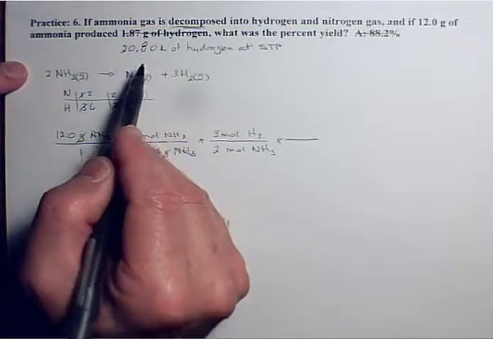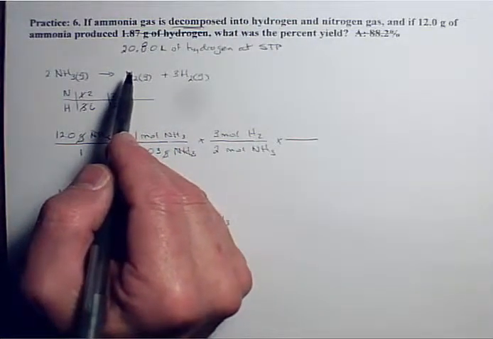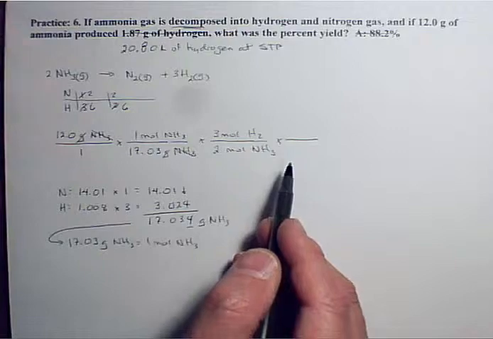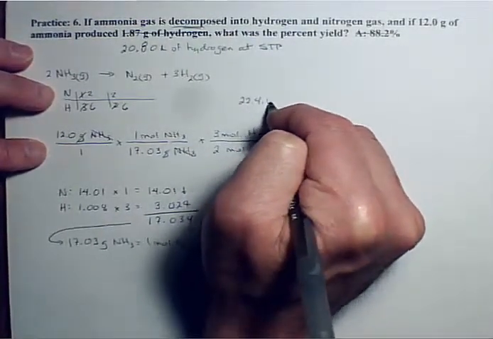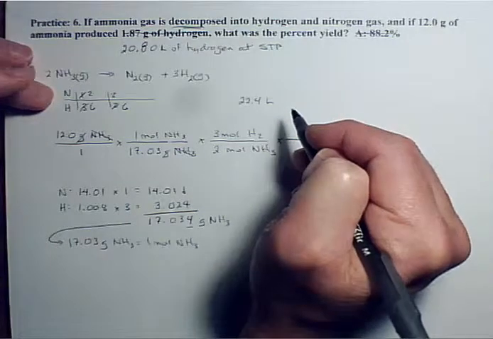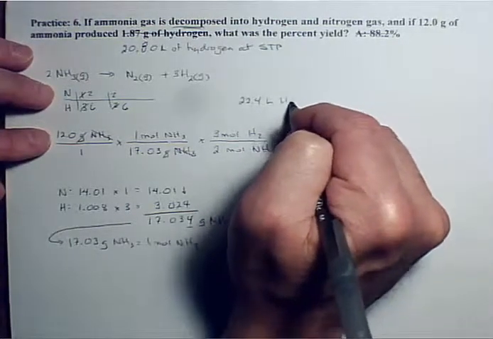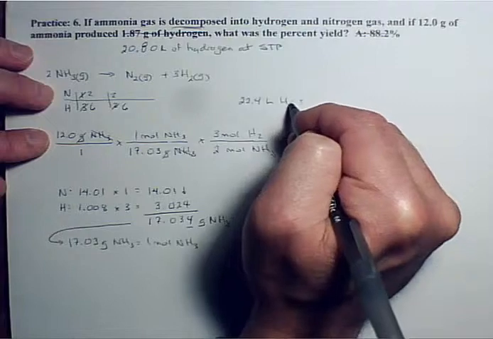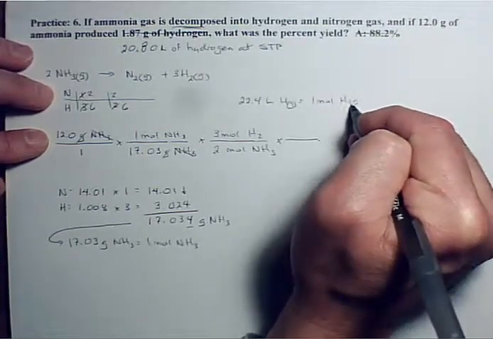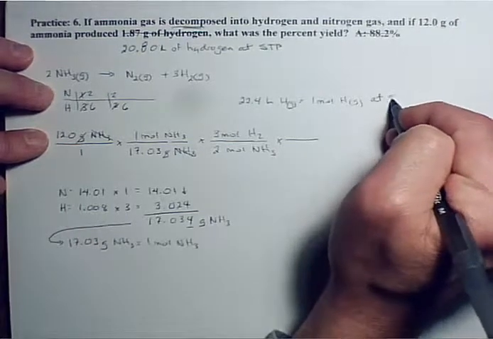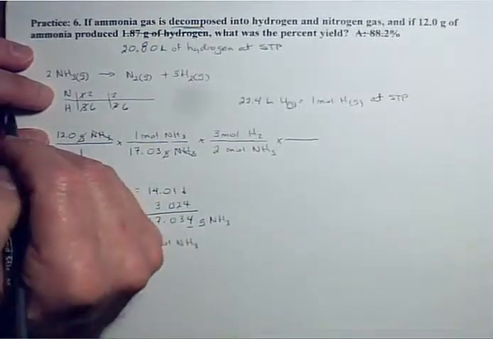So we don't need a molar mass here. Molar mass is unnecessary. All we got to know is by memory that 22.4 liters of a gas, and hydrogen is a gas, so we can write H2 here, equals 1 mole of hydrogen gas at STP, right?